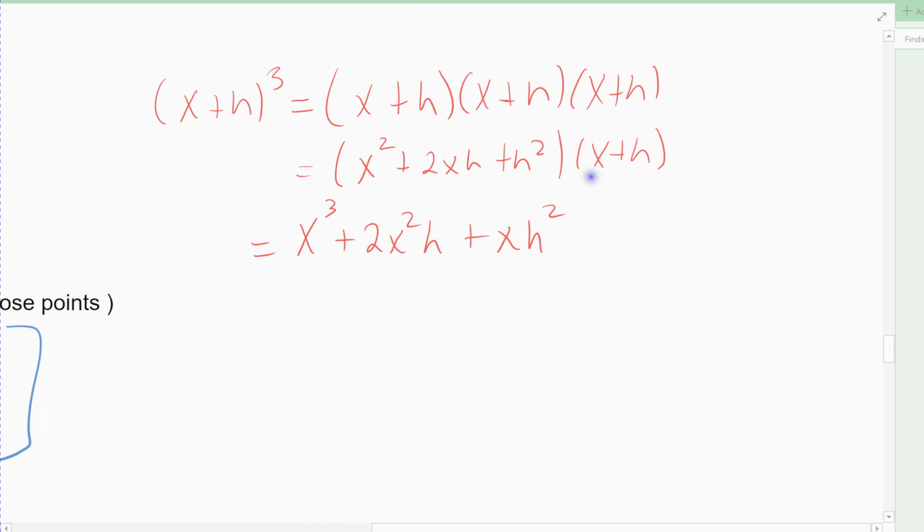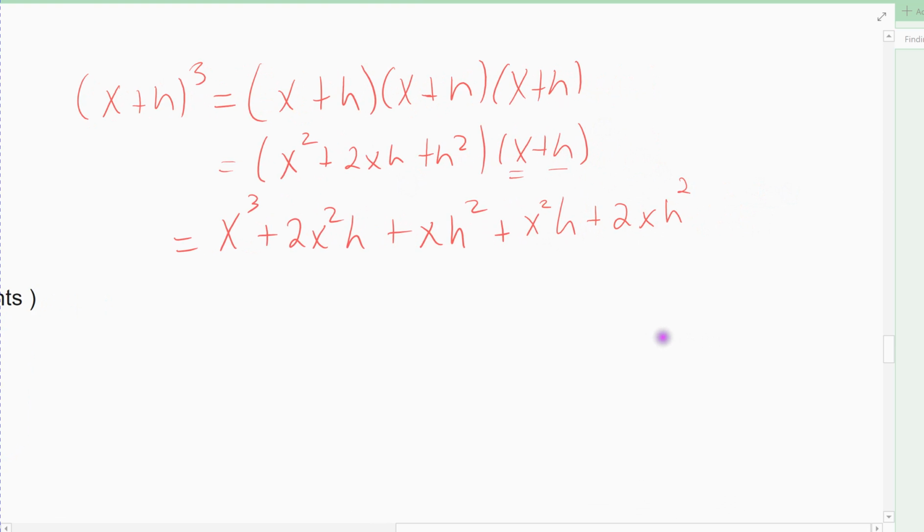There's the x part, now multiplied by h: add x squared h plus 2xh squared plus h cubed.